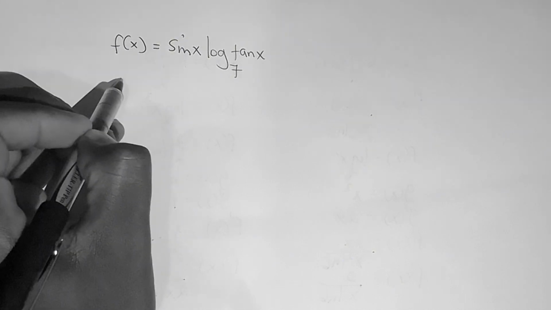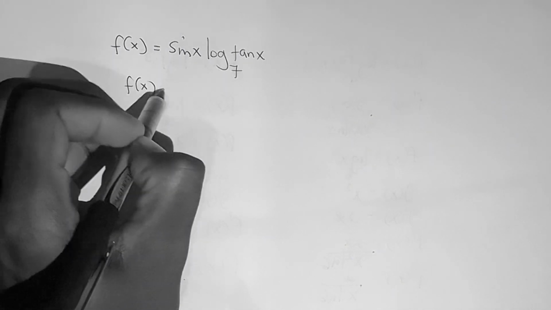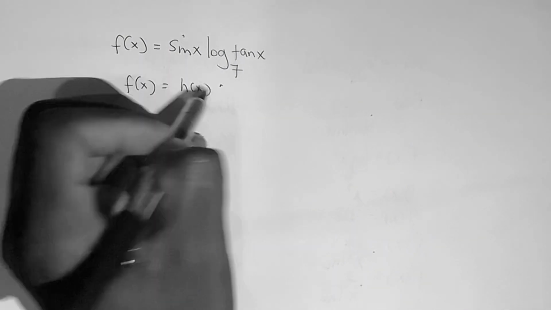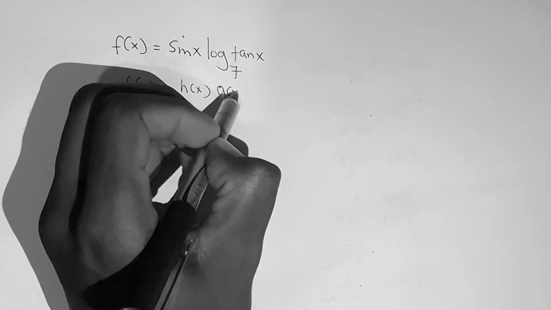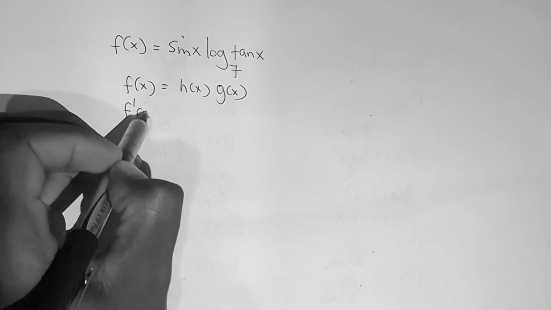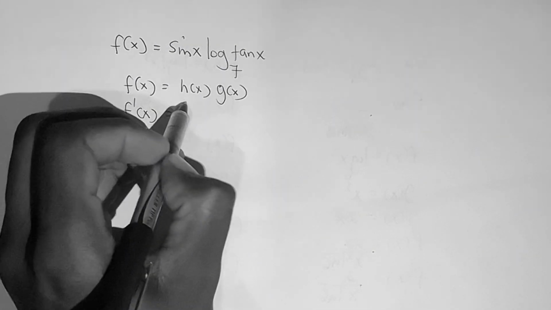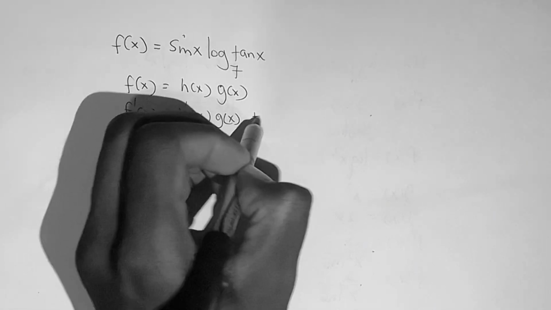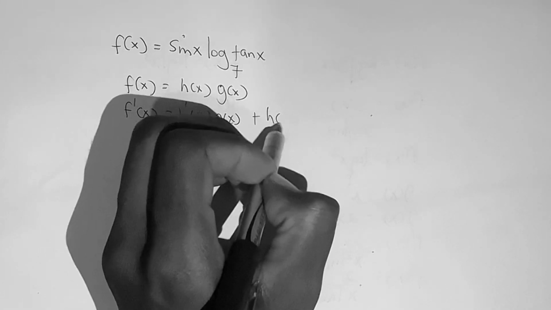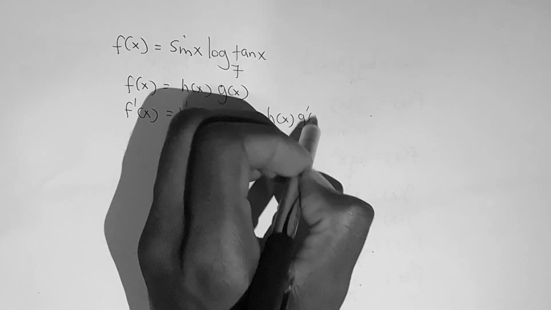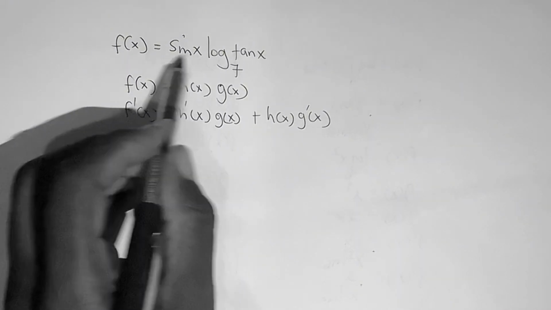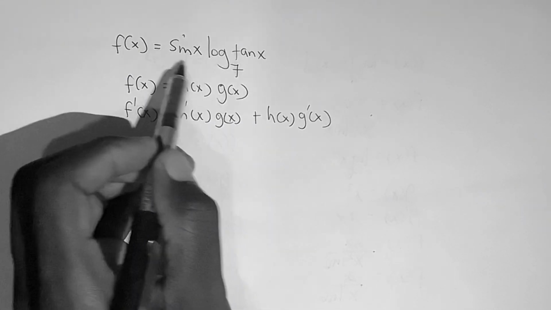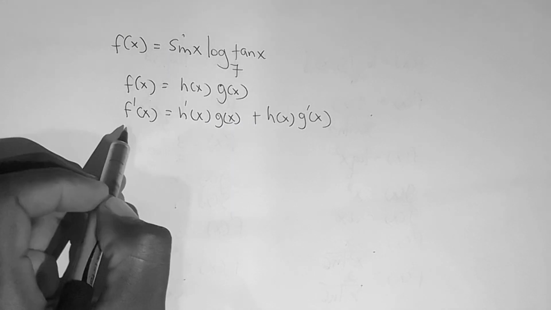Remember that if f of x is equal to h of x times g of x, then f prime of x is equal to h prime of x times g of x, plus h of x times g prime of x. So in other words, you maintain this, differentiate this, and add it to, you maintain this and you differentiate the other function.